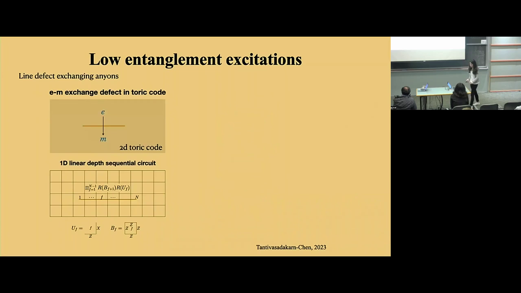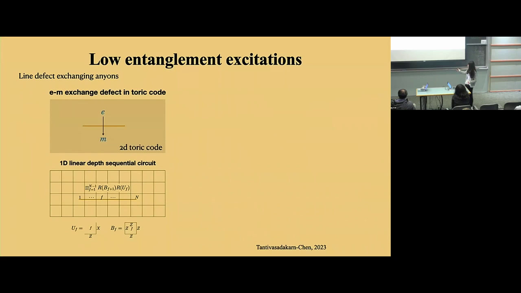Then another non-trivial example is this line defect that I just talked about, this EM exchange defect. Some authors checked that you can create it with a linear depth sequential circuit.